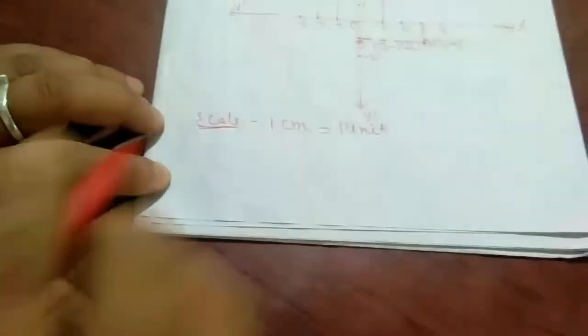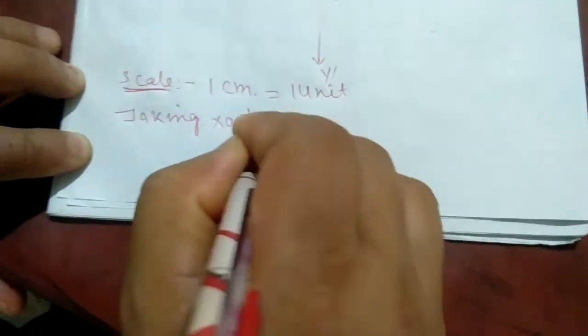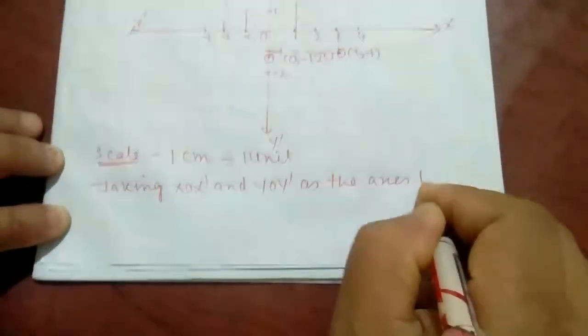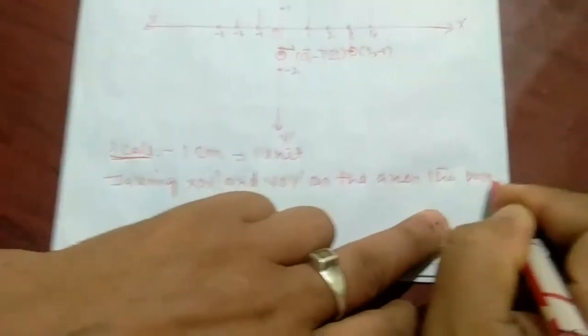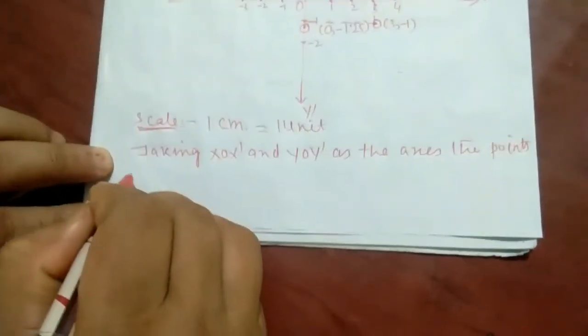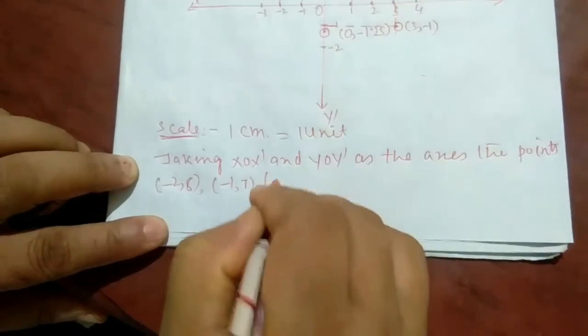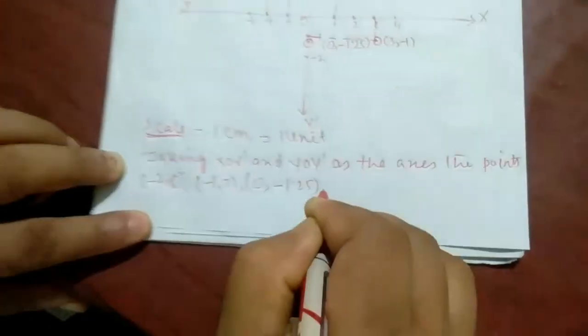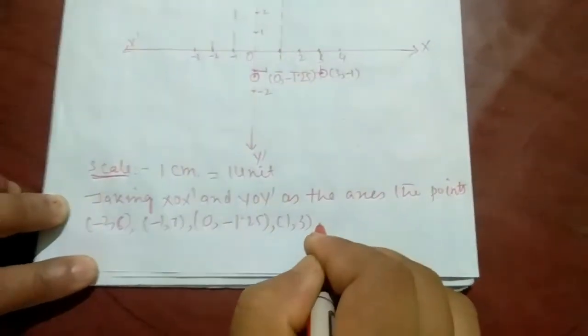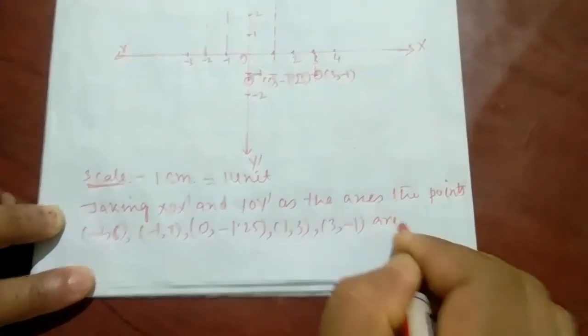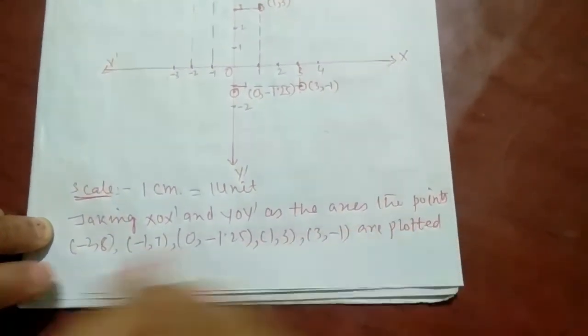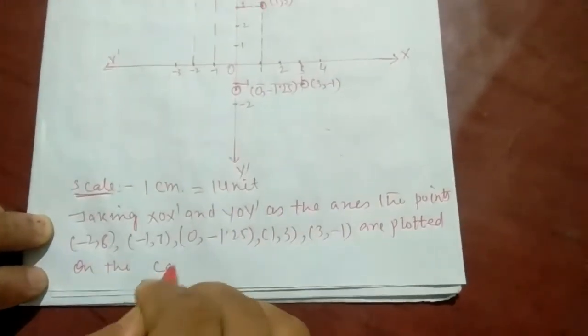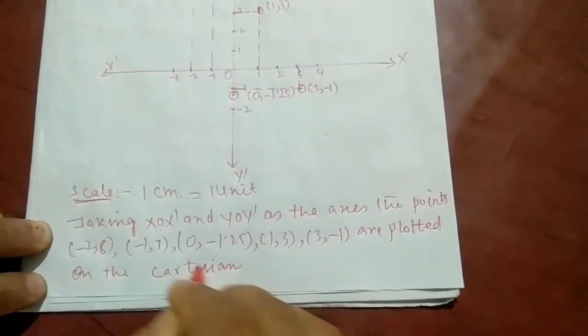Then, taking XOX' and YOY' as the axes, the points (-2, 8), (-1, 7), (0, -1.25), (1, 3), (3, -1) are plotted on the Cartesian plane.